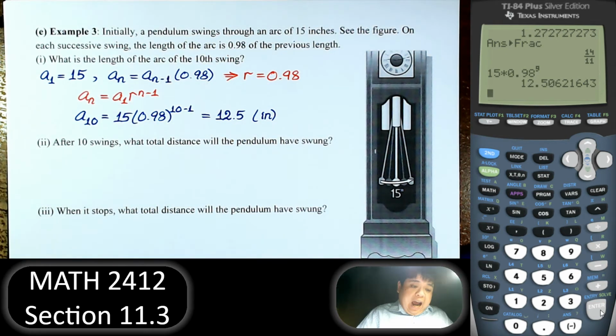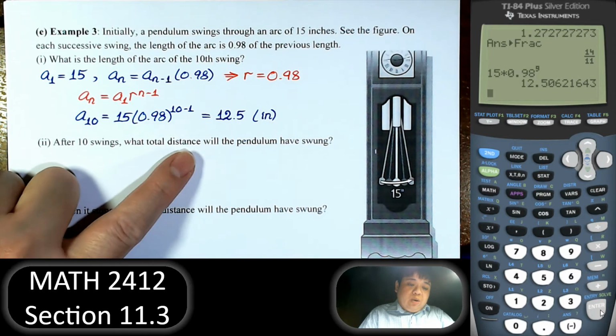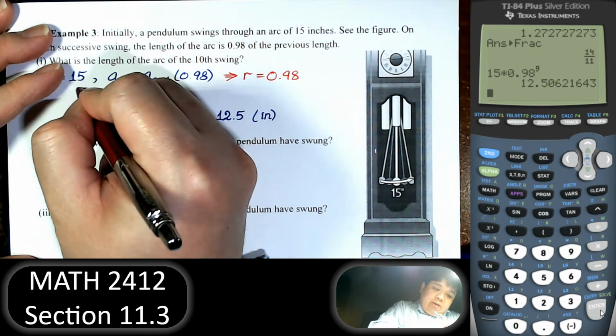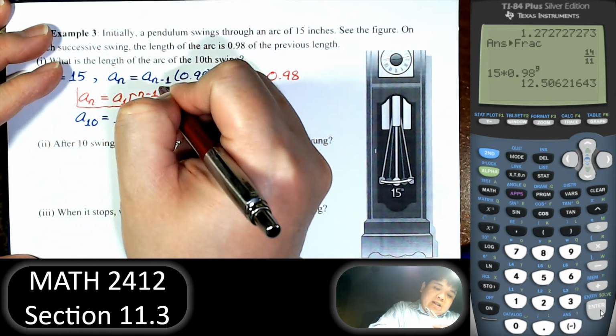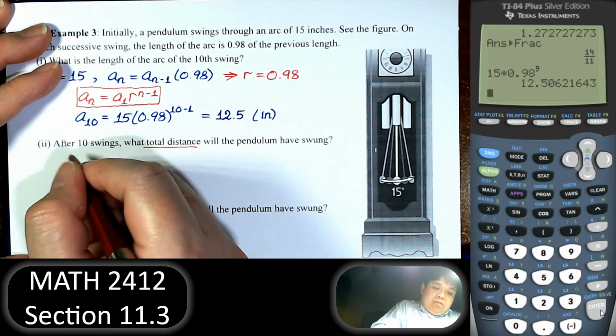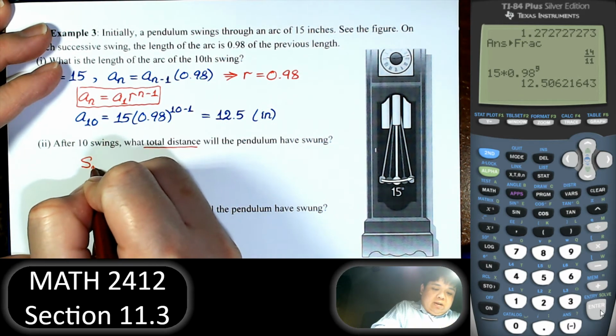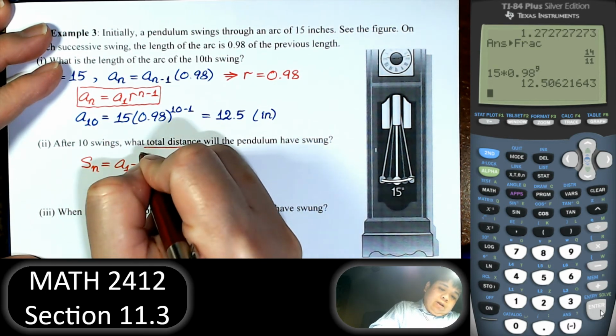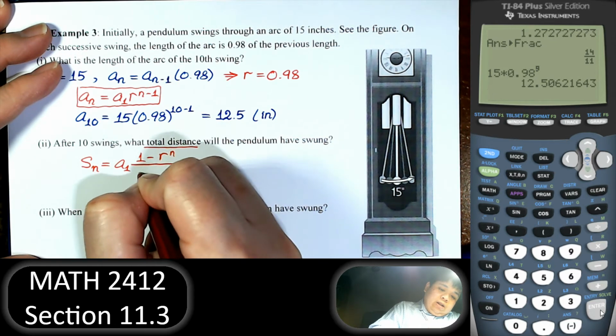Right, now after 10 swings, find the total distance the pendulum has swung. So this is the formula for the nth term. Here we want the total distance, meaning we want the sum of the first n terms, which is a1 times (1 minus r to the n) over (1 minus r).